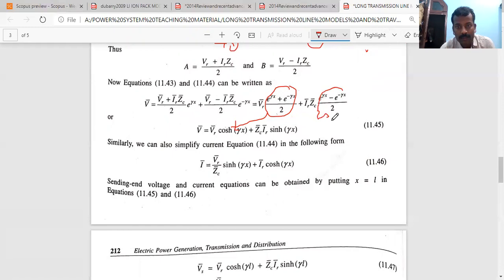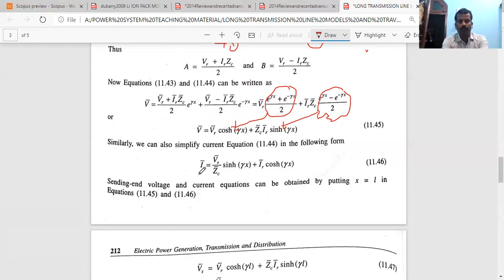This minus section will be equal to, sorry, this will be equal to sine hyperbolic. If there is a minus, e to the power x minus e to the power minus x by 2 will be sine hyperbolic, and if there is a plus, e to the power x plus e to the power minus x by 2 will be equal to cos hyperbolic.